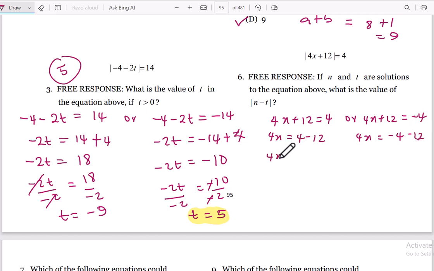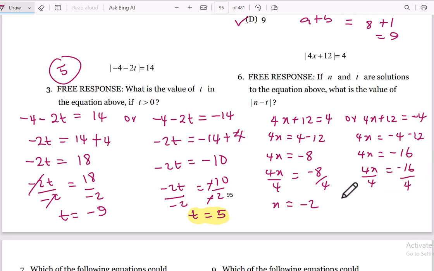So 4x is equal to 4 minus 12, which is negative 8. Divide both sides by 4, minus 8 over 4, so x is equal to negative 2. And then here we have 4x equal to negative 16. Dividing both sides by 4, we're left with x equal to negative 16 divided by 4, which is negative 4.